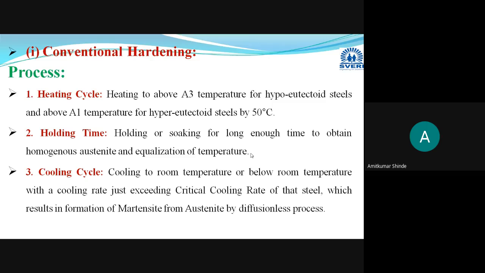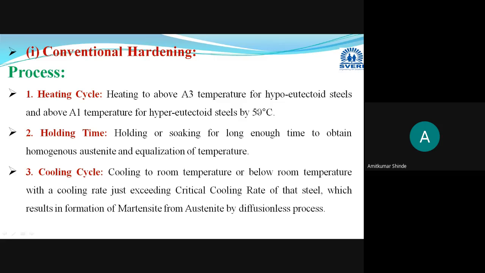I will repeat it. This conventional hardening process will be conducted in 3 stages. First is the heating cycle. Heating is done above A3 for hypoeutectoid steels, or 50 degrees Celsius above A1 temperature for hypereutectoid steels.